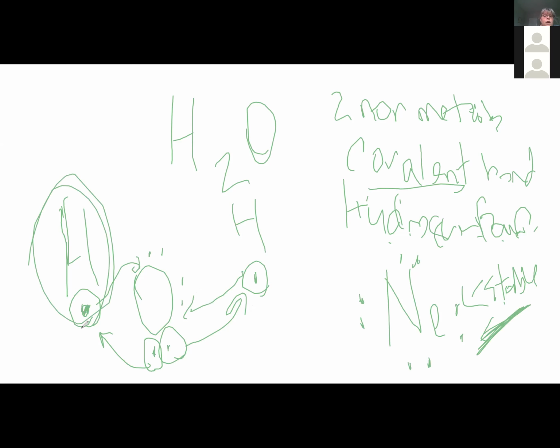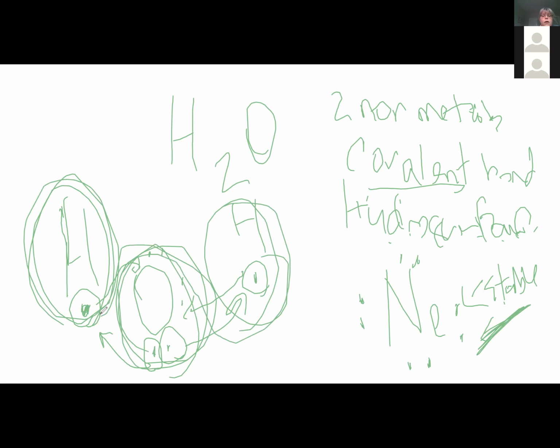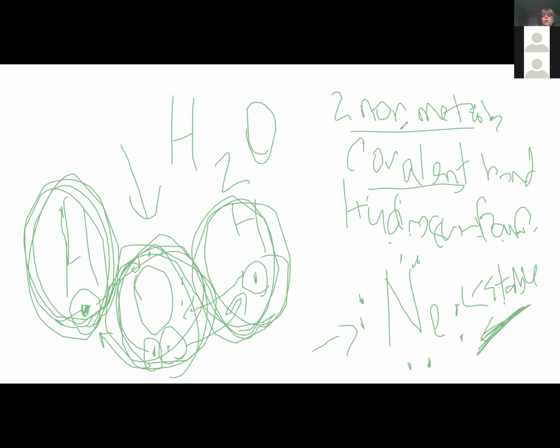So all these electrons are spinning around, sharing, going from here to here to here, back and forth, sharing, and so on and so forth, right? So that's what this is doing. So we're looking at knowing how to do the Lewis structure, understanding how the valence electrons are the ones that we're most concerned with, knowing that both of these are nonmetals, knowing covalent bonds, ionic bonds, and hydrogen bonds. Okay, so let's go back to our slide, or our picture here.